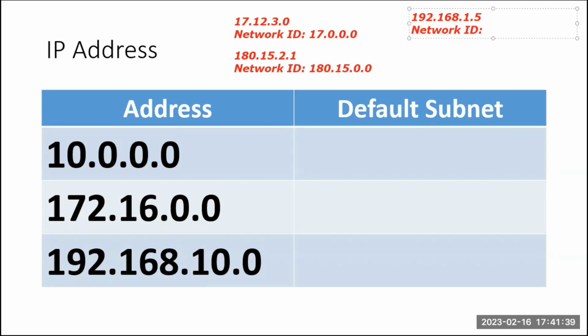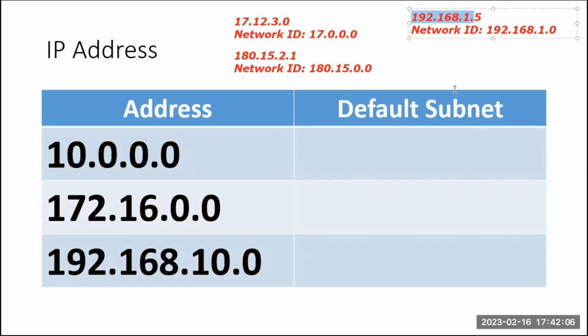What's the network ID? 192.168.1.0. Right. So for this one, it will be 192.168.1.0. And that's because the network in class C is defined in the first 3 octets. You write down the values that you have in the first 3 octets.